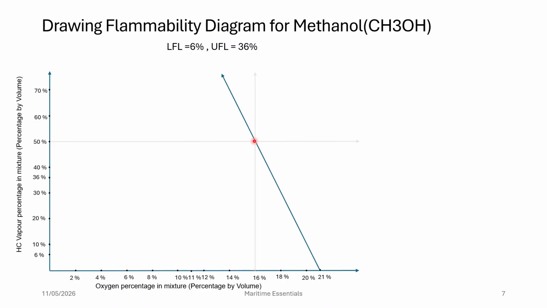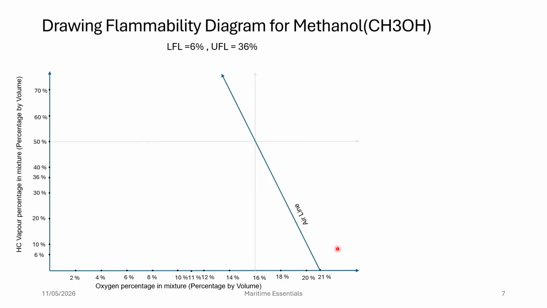Now we draw that point and connect it with 21% oxygen, because during the process the oxygen percentage cannot be more than 21% unless you insert extra oxygen, which we normally don't do. So we connect this 21% point and the current point for oxygen and hydrocarbon vapor, and we give it a name: we call it the ER line.